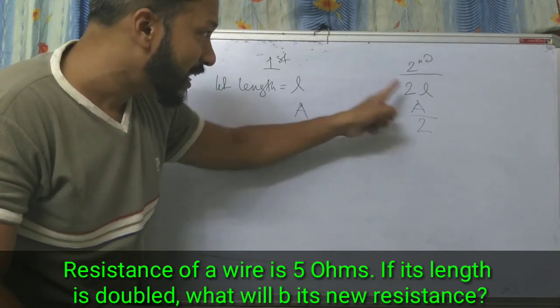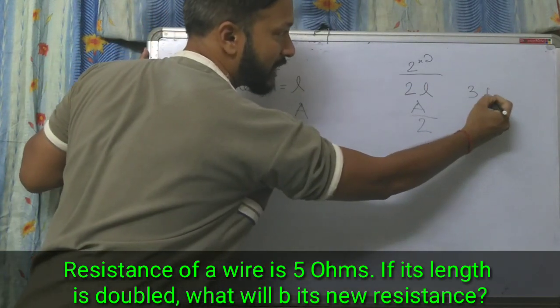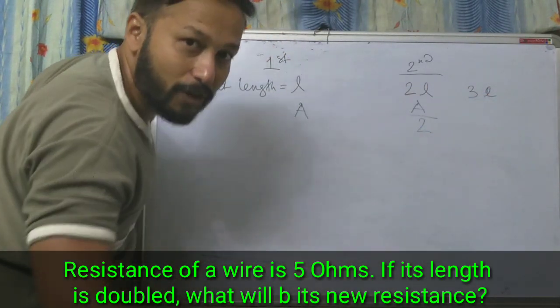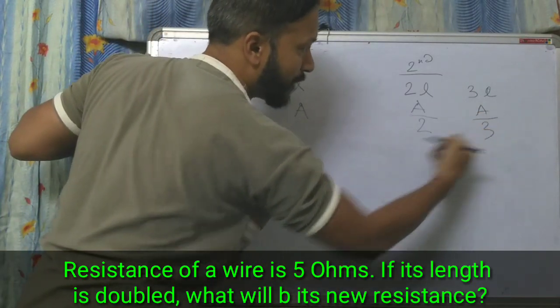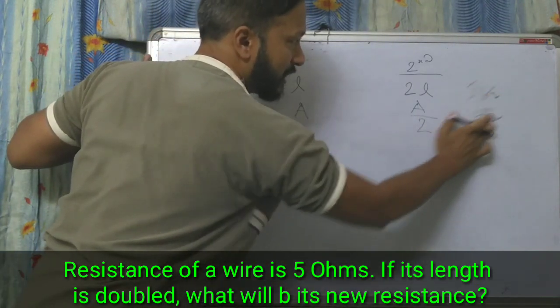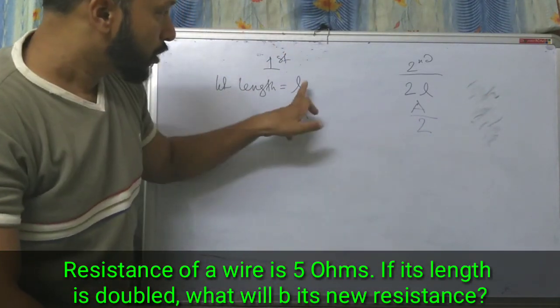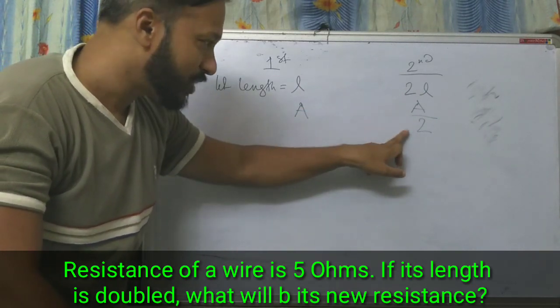If you increase the length thrice, like 3L, then its area will be A by 3. Understood? In this way. So length 2L means area A by 2.